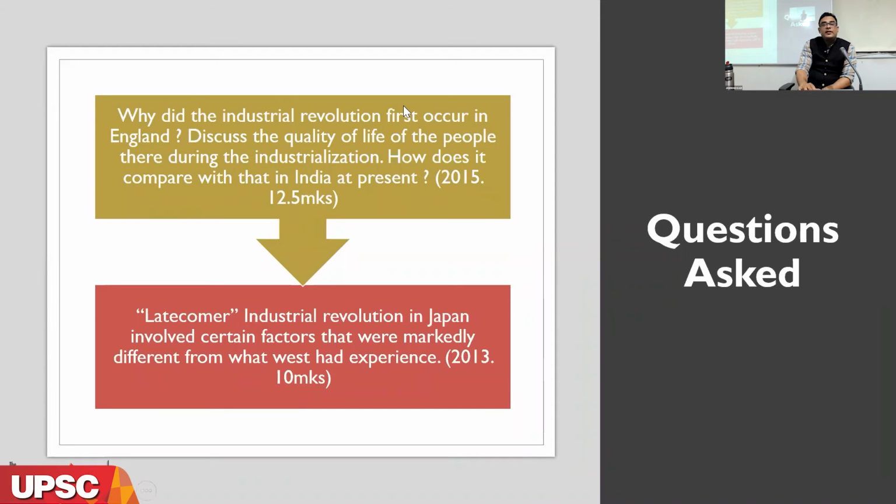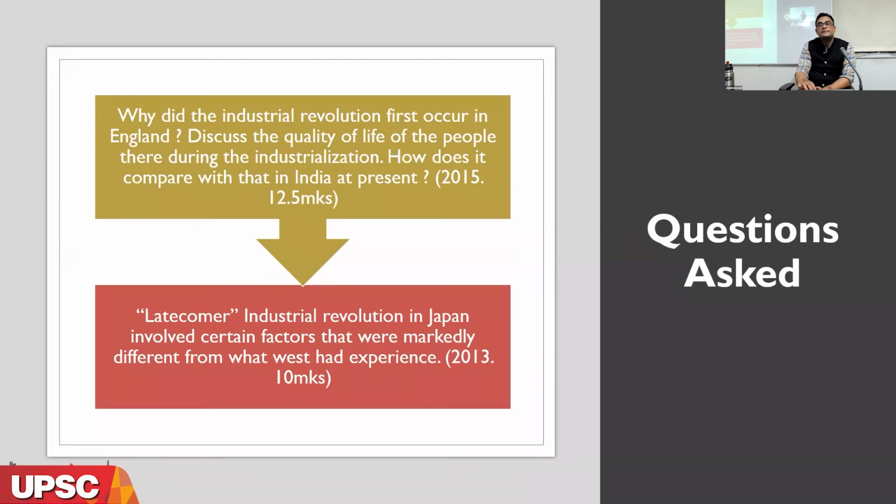Why did the industrial revolution first occur in England? This is one part of the question. Discuss the quality of life of the people there during industrialization. Second part. And last part, how does it compare with that in India at present?